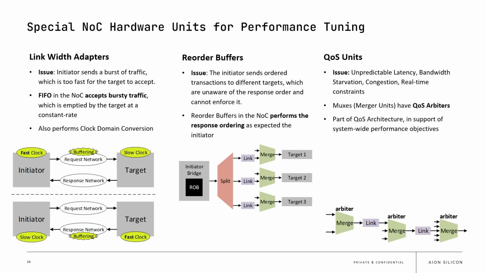If you have the opposite, where your initiator is at a slow clock but target at a fast clock, then your response network requires buffering. So the link with adapters provides a mechanism for implementing this buffering in the NoC.